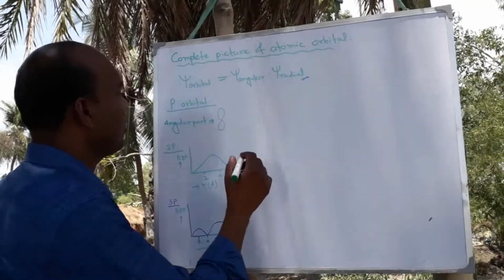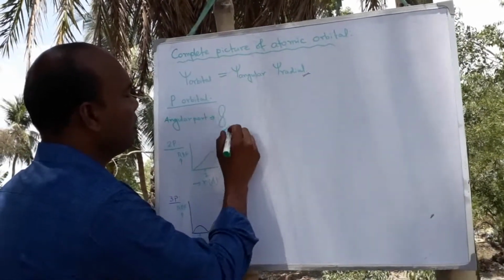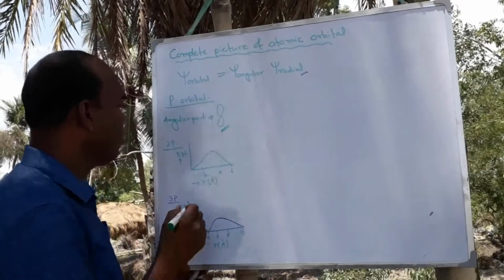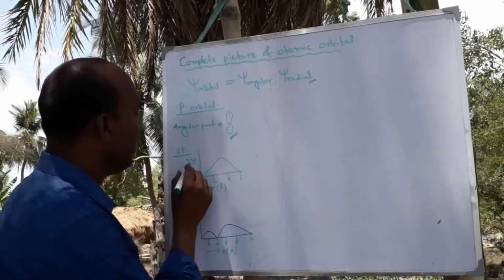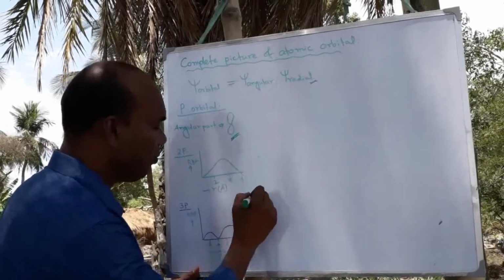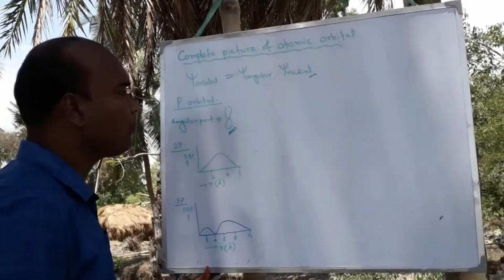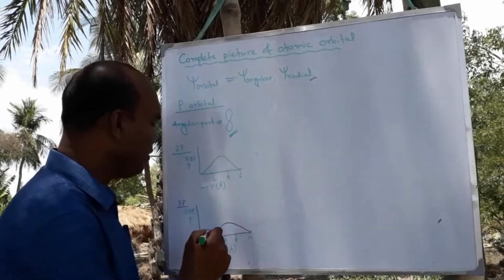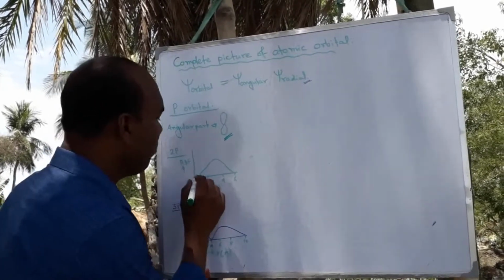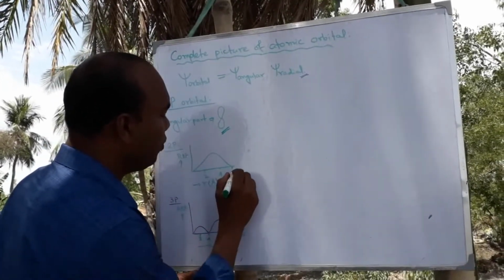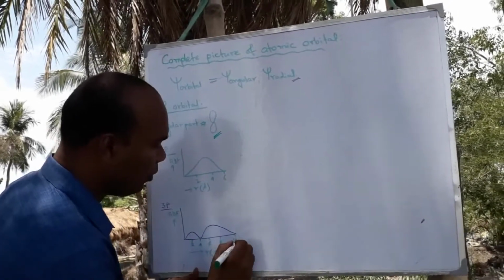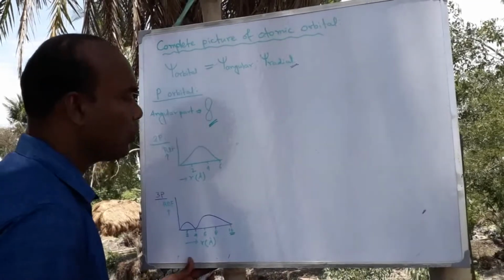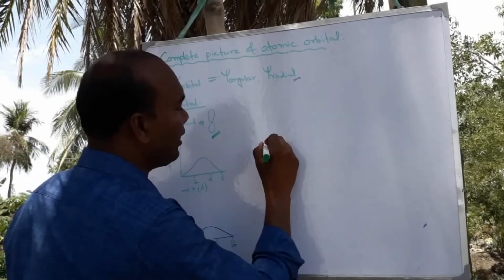You know, it is dumbbell shaped, and if you consider 2p and 3p and consider their RDF versus R plot, the plots will be like this. Now draw the 2p and 3p. You see here 2p electrons spread up to 6 Angstrom and 3p electrons spread up to 10 Angstrom. So 2p will be like this.